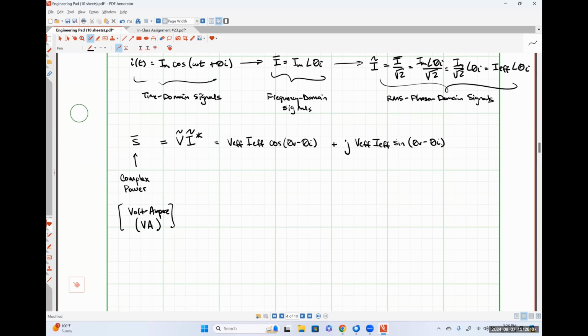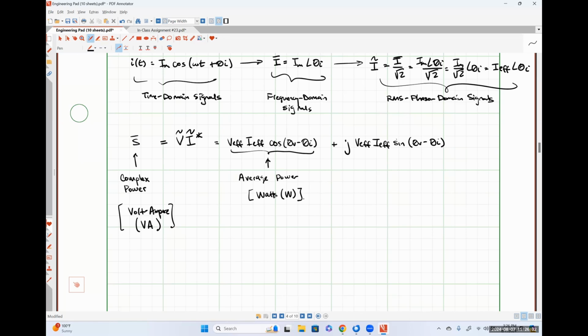Okay. So this real part right here is our average power. And average power is measured in watts, as it has always been in this class.